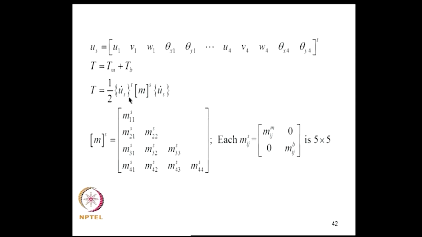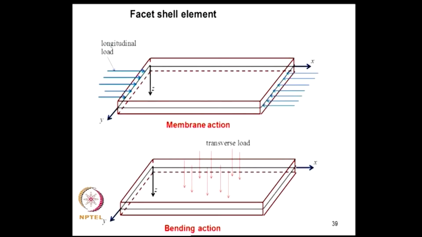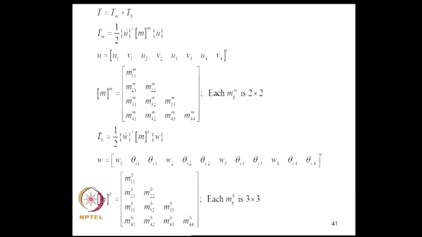The shell element kinetic energy is given in terms of US dot transpose MS US as shown here, and this MS itself can be assembled in this form, where each of these matrices is a 5 by 5 matrix consisting of 2 sub matrices, a 2 by 2 membrane matrix and a 3 by 3 bending matrix. So, this assembled mass matrix now is the mass matrix for the so called facet shell element.